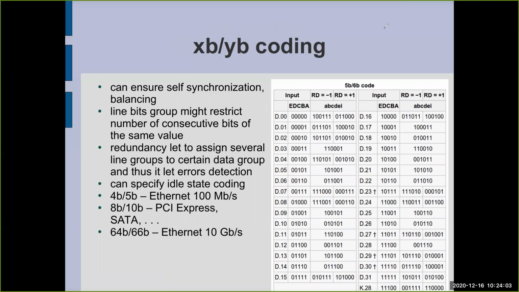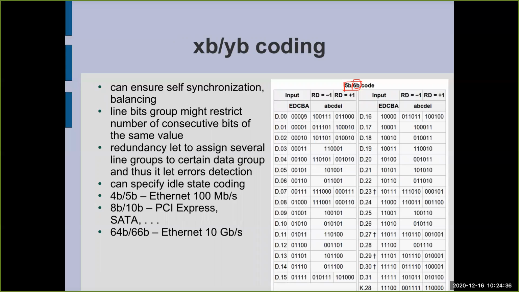So how does line coding work? Here you have an example of 5B over 6B code. It means that we send a block of 5 data bits, and it is encoded using 6 channel bits. So it means 6 level changes in our interface.